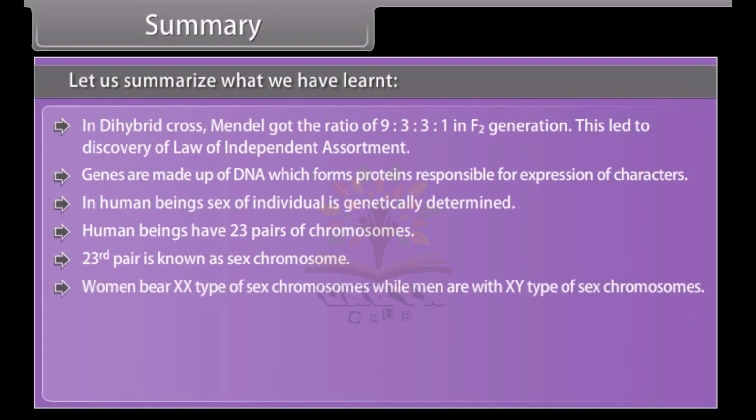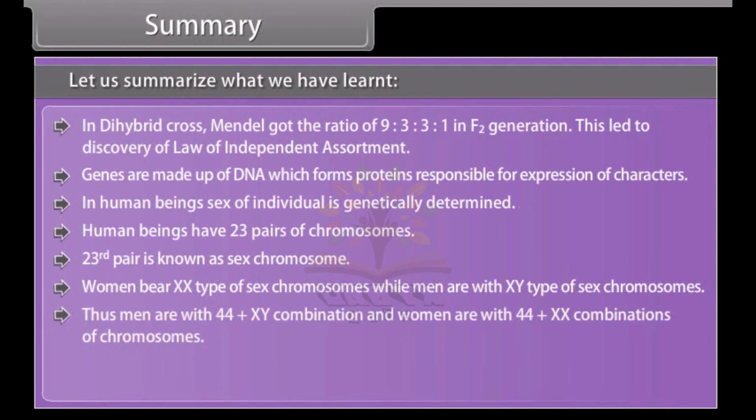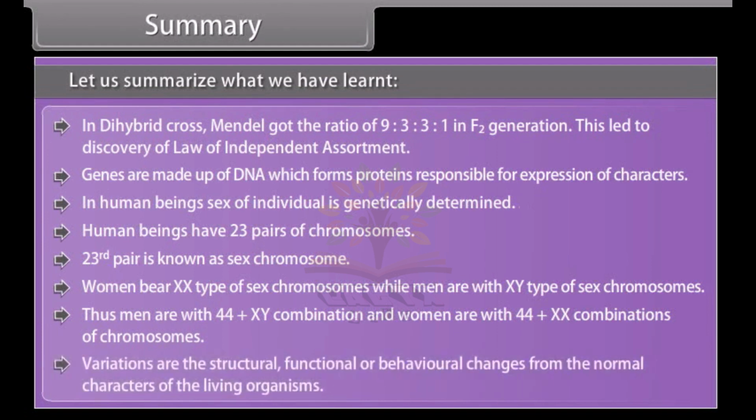Women bear XX type of sex chromosomes, while men have XY type of sex chromosomes. Thus, men have a 44 plus XY combination, and women have a 44 plus XX combination of chromosomes. Variations are the structural, functional, or behavioral changes from the normal characters of living organisms.